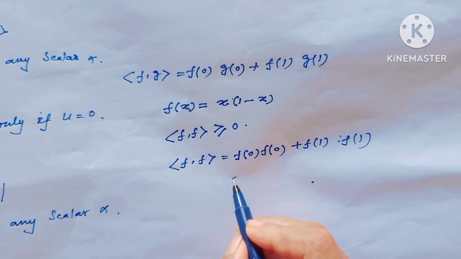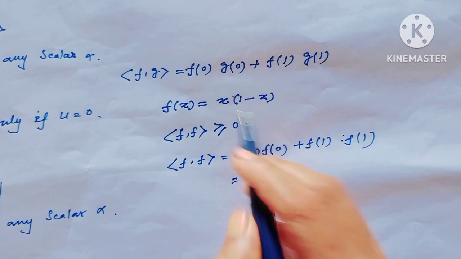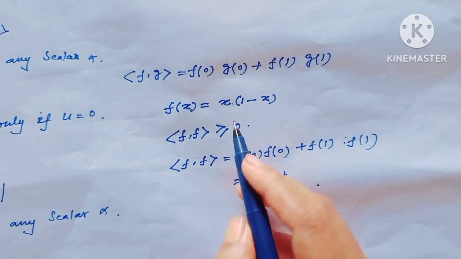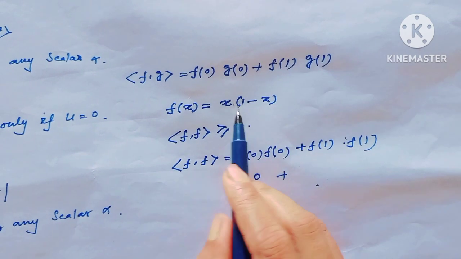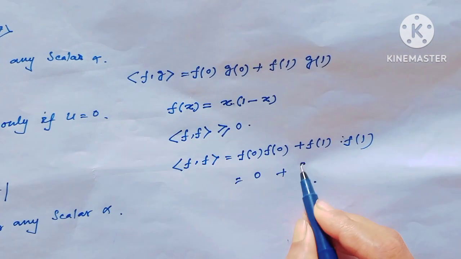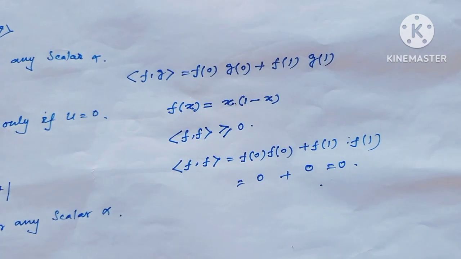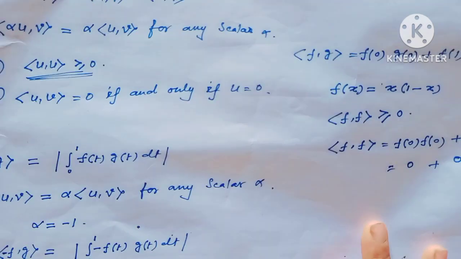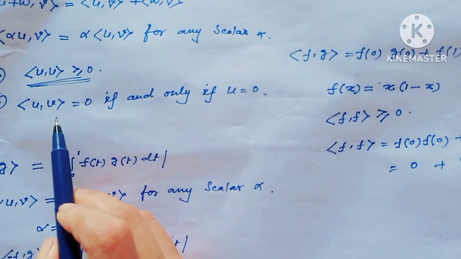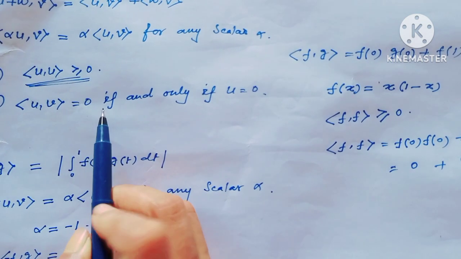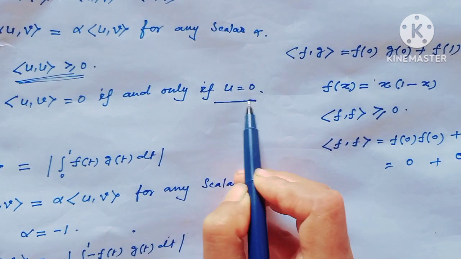Just put in the values: this value would be 0 plus f(1) times f(1), and f(1) means 1 minus 1, so this value also would be 0. Notice the condition: when inner product u with itself is equal to 0, that means u is 0.